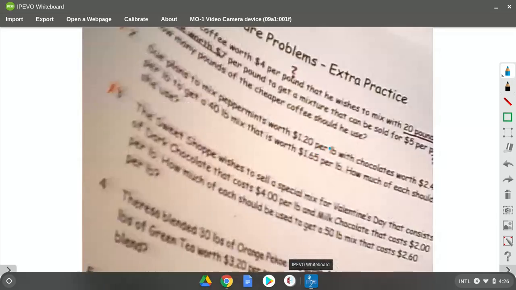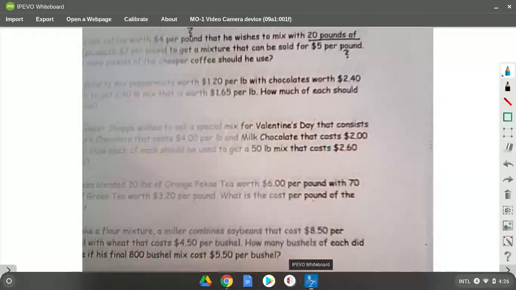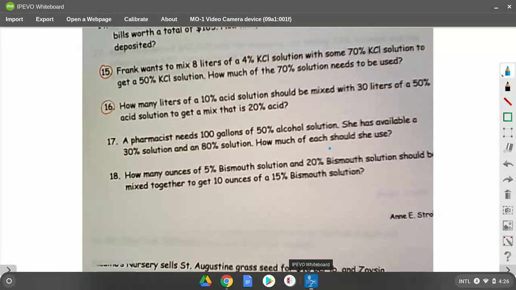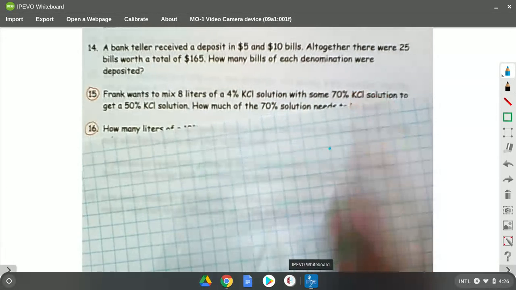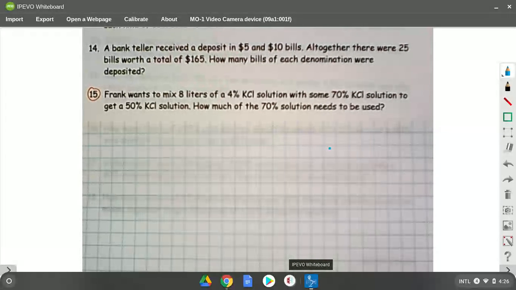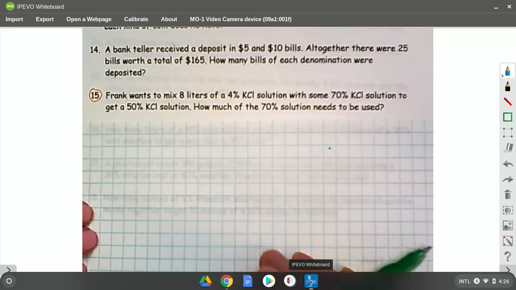Okay. What was the other one we were going to do? Let's see. Let's talk about Frank here. Frank wants to mix 8 liters of 4% KCl solution with some 70% KCl solution to get a 50% KCl solution.